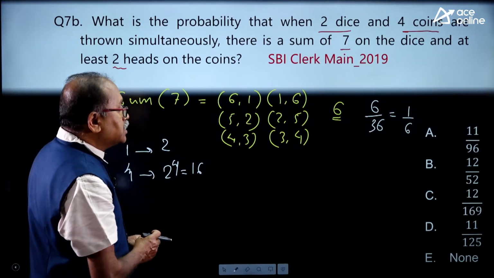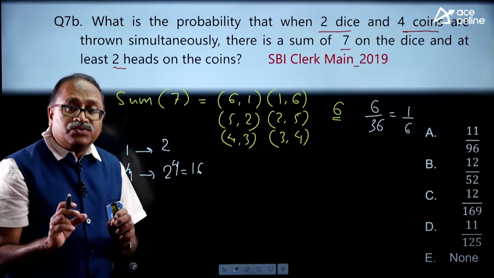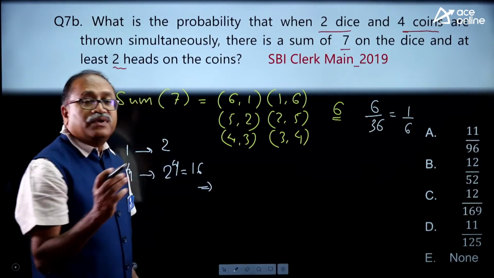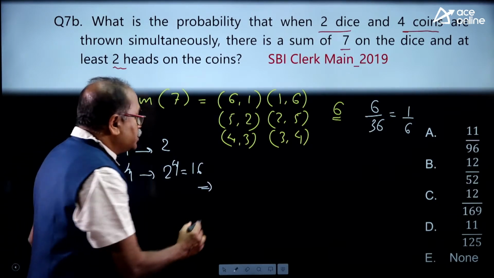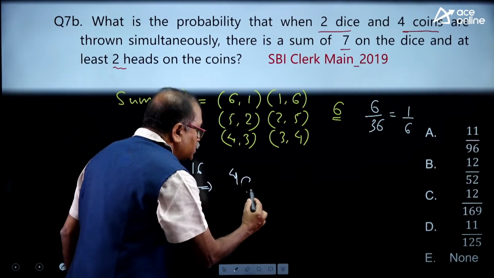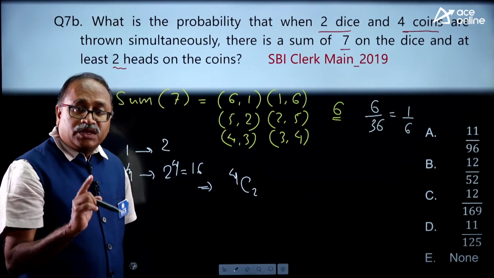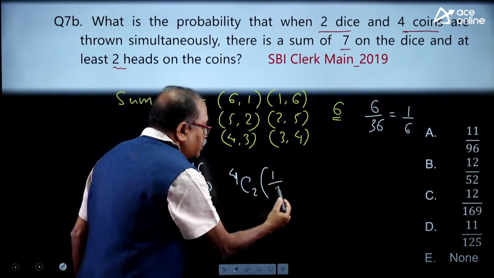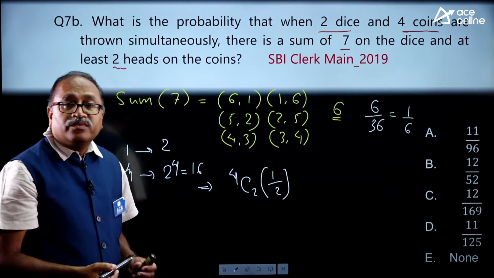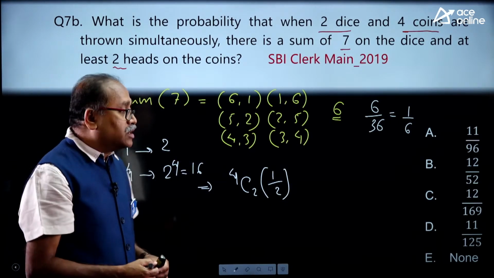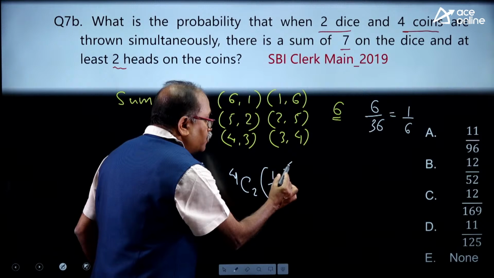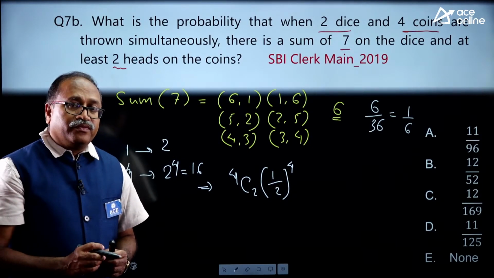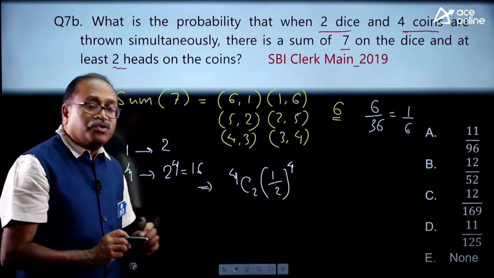Now what is the requirement over here? At least 2 heads in how many ways? So I will take over here how many ways I can get at least 2 heads. That is 4C2, out of which the possibility of head is 1 by 2, and there are 4 coins, so 1 by 2 to the whole power 4. This is about 2 heads.